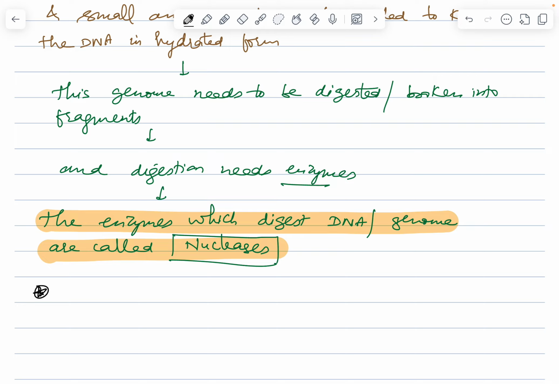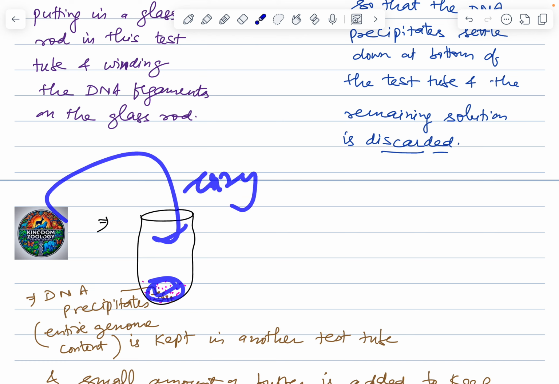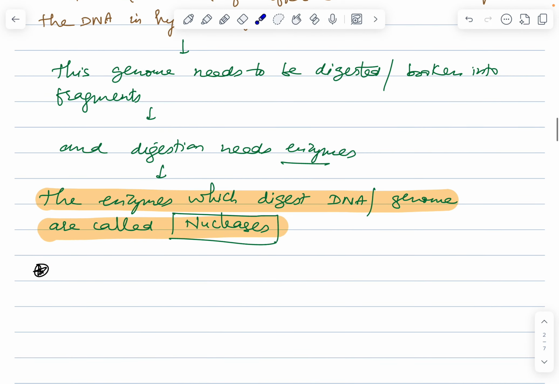Now if you talk about nucleases, where do we get them from? We've got a test tube with the genome in it, and I need to digest this genome, so I need to add the enzymes in this test tube only. Where do I get the enzymes from? Somewhere. That is what we're trying to understand here.